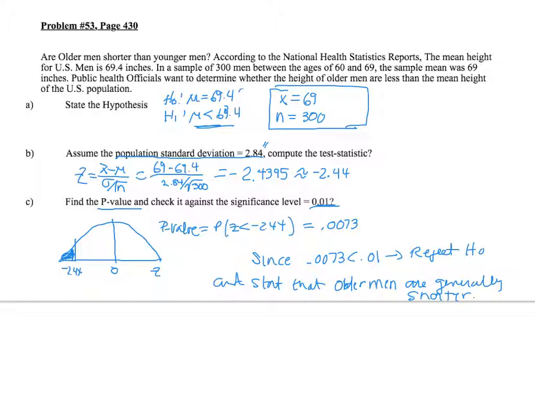In this case, the CI, when we did it on the calculator, we got 68.6 to 69.42, and you'll notice that 69.4 is the upper end of this confidence interval. But remember, we're dealing with a one-tailed test, and so in a two-tailed test it would still be in the confidence interval, but it wouldn't be given the fact that it's a one-tailed test.